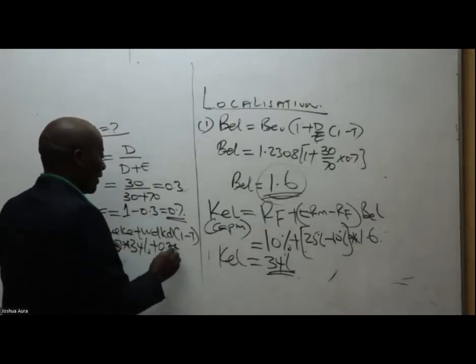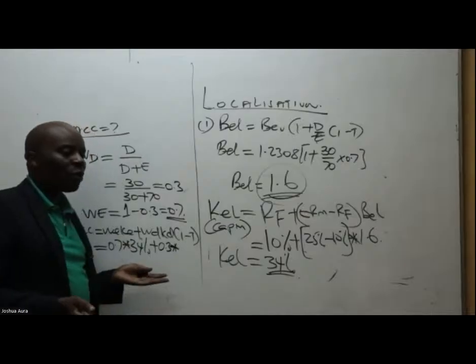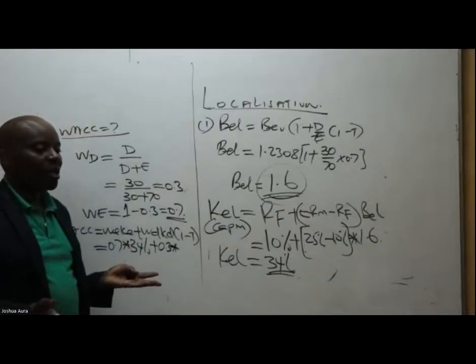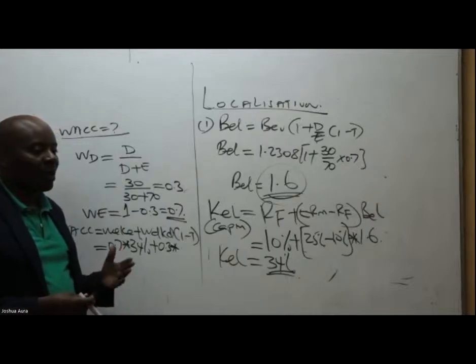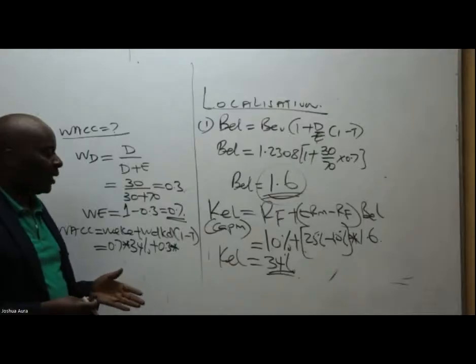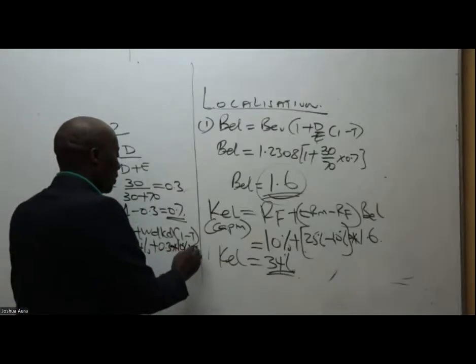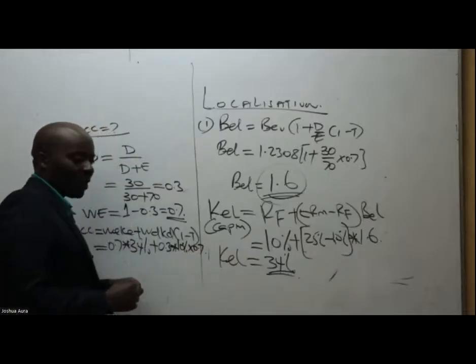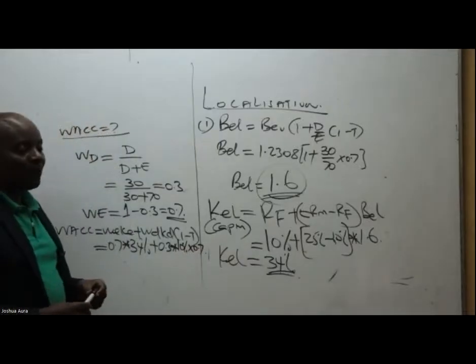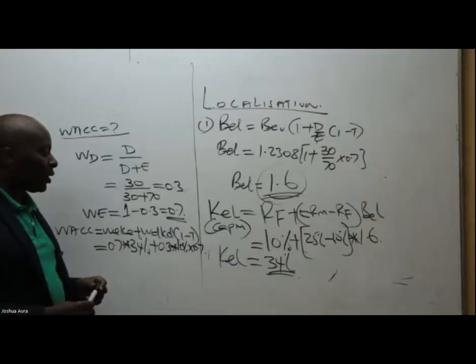Was the cost of debt given expressly, or do we work with risk-free, which is 10%? We take risk-free, 10%, and multiply this by 0.7 because of 1 minus tax.